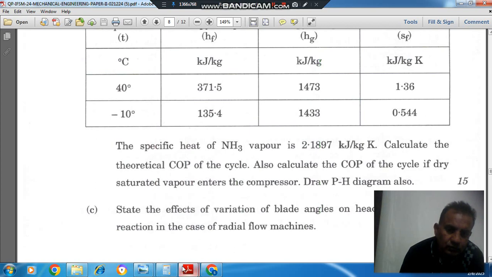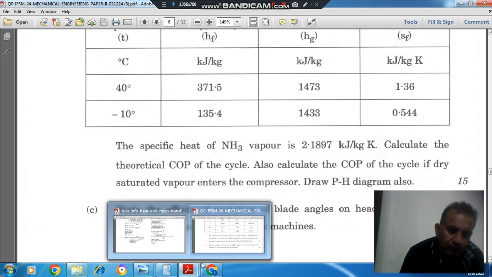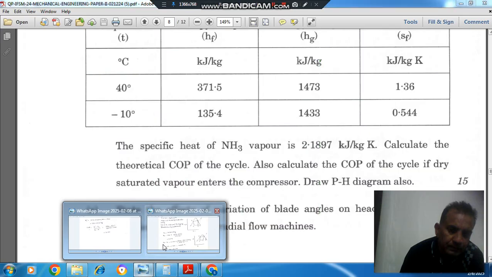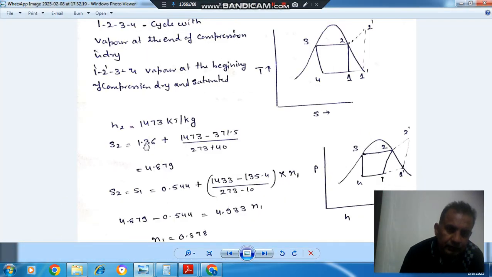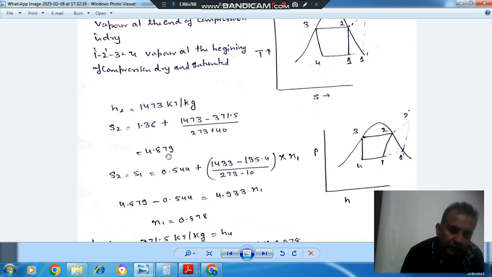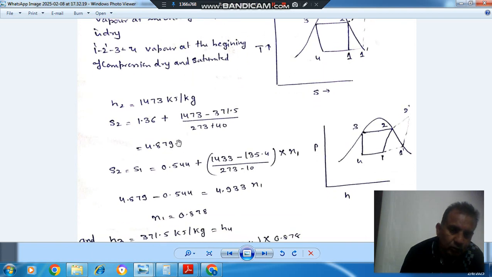So entropy of vaporization plus entropy of liquid will make entropy of vapor. So entropy at this 2 will be changing enthalpy divided by temperature. So that is 1473 minus 371.5 divided by 273 plus 40. So that comes as 4.879 kilojoule per kilogram per degree Kelvin.